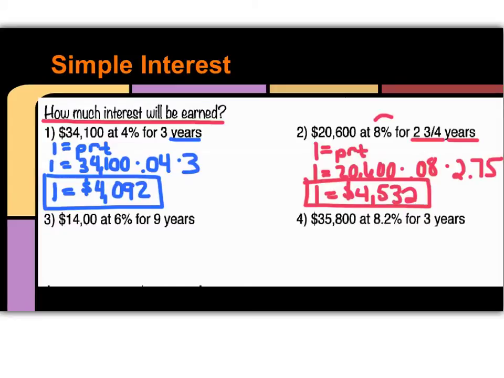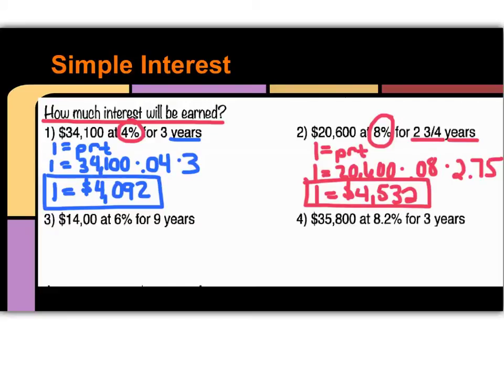You really have to look at the percent. We almost doubled the percent there, so it's going to be a bit higher. That's why when you're borrowing money from somewhere, you always want to find the lowest rate or the lowest percent. Now try 3 and 4 on your own and then hit play to see if you are correct.